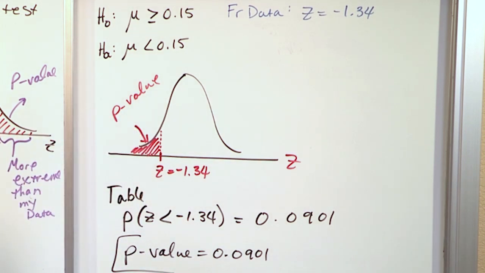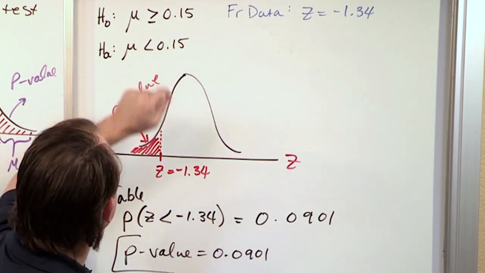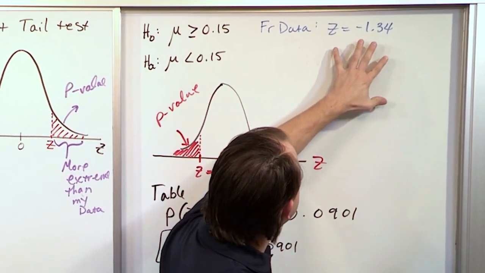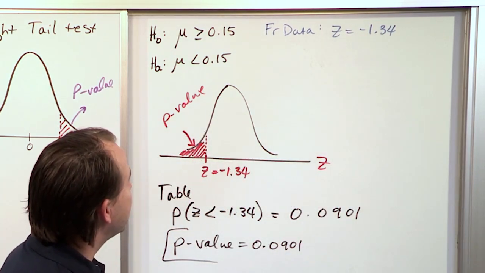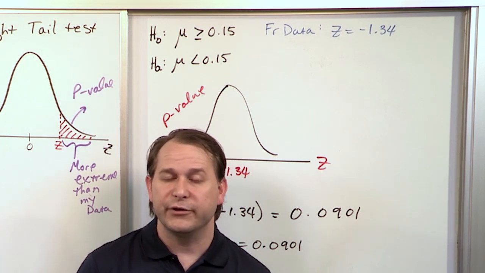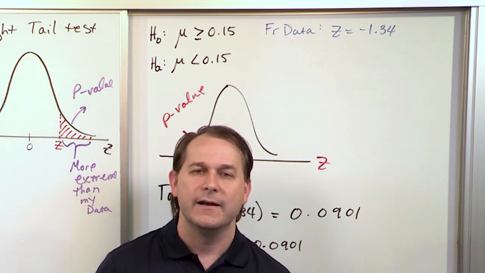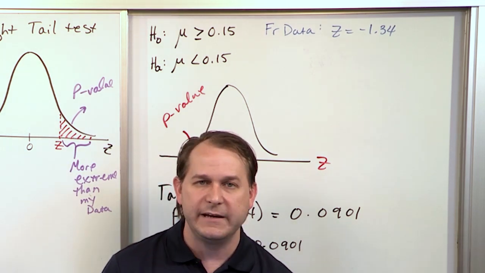So if you were given a situation where somebody says, here's the null hypothesis, here's the alternate hypothesis, here's the z score that comes from the sample data, calculate the p-value for this problem. Now notice we haven't done any hypothesis testing yet. I haven't even gotten to that yet, but I just want you to get practice with finding the p-value.